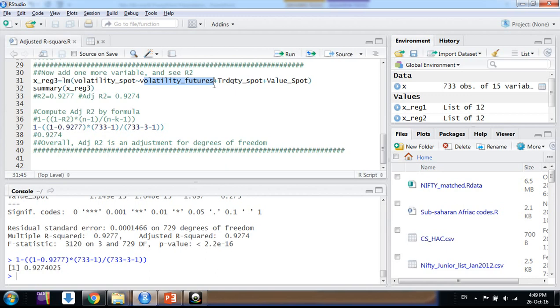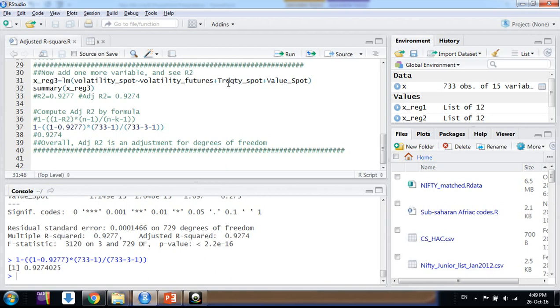That's why our degrees of freedom would be 733 minus 1, which is 732. For the second regression, 733 minus 2, and for the third, 733 minus 3. So degrees of freedom means the number of observations minus the parameters we have estimated other than the intercept.